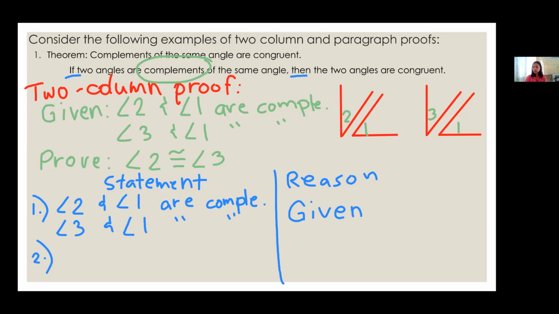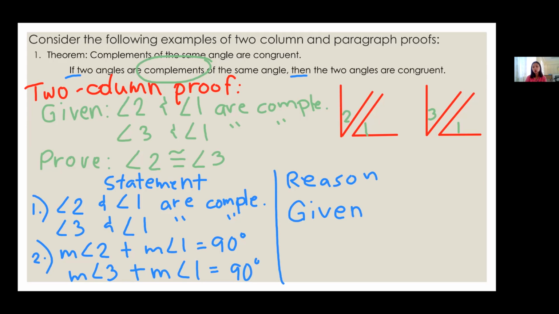So, since ang sabi nga po natin that angle 2 and angle 1 are complementary, we can say that the measurement of angle 2 plus the measurement of angle 1 is equal to 90 degrees. As well as the measurement of angle 3 plus the measurement of angle 1 is also equal to 90 degrees. So, ano yung reason ko kung paano ko siya nasabi na equal sila sa 90 degrees kapag inadd? By the definition of the complementary angles.